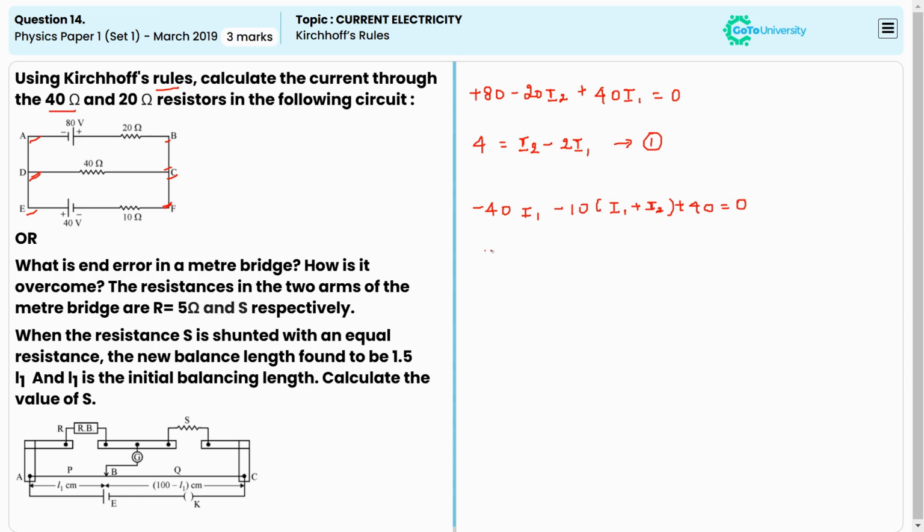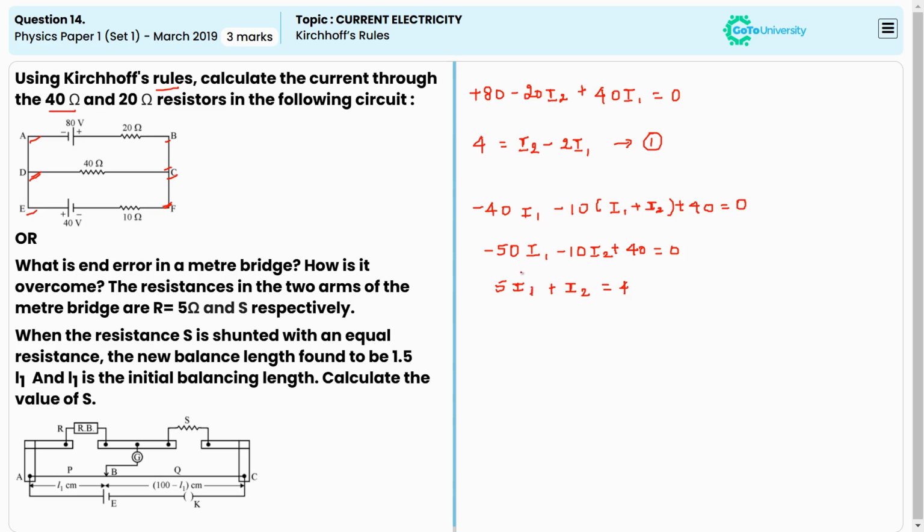Then if I simplify, I am getting the value minus 50 I1 minus 10 I2 plus 40 is equal to 0. When further simplified, I am getting the value 5 I1 plus I2 is equal to 4.